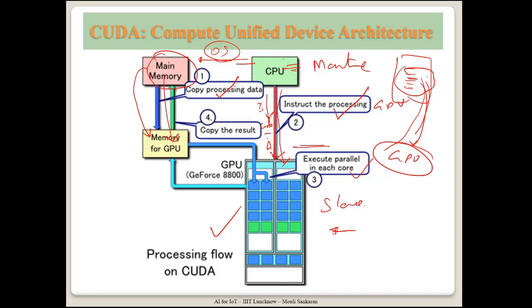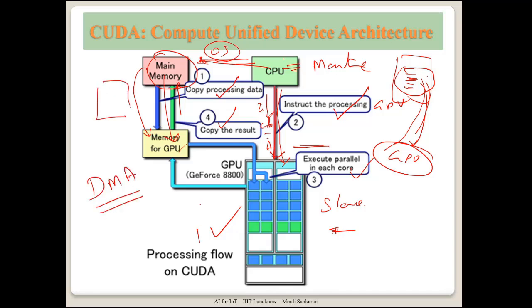Then once the GPU is done, it will copy the result back into the main memory, because CPU can access only the main memory. It cannot access the GPU's memory directly. So you may wonder, how is the transfer done? That is called DMA, direct memory access, if you know the hardware.